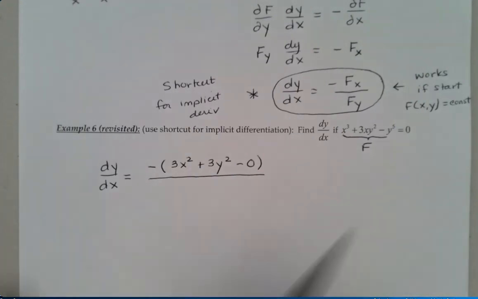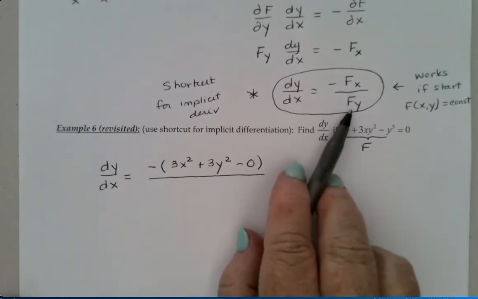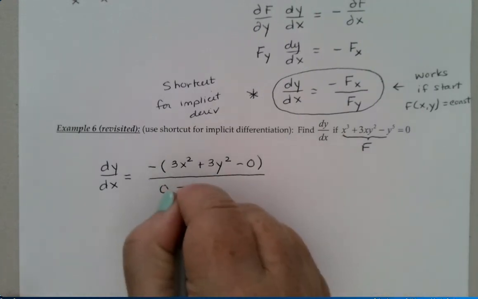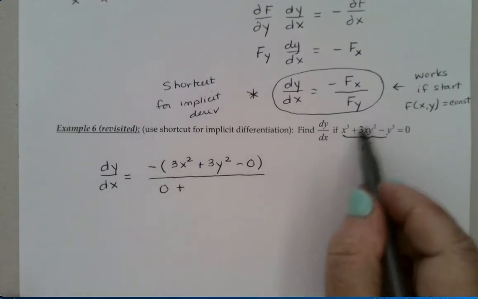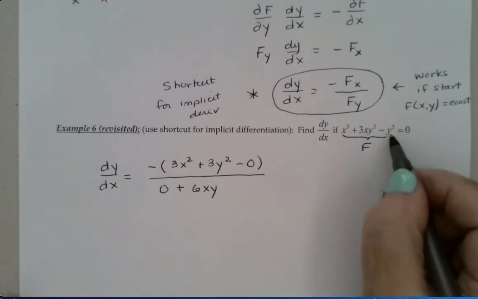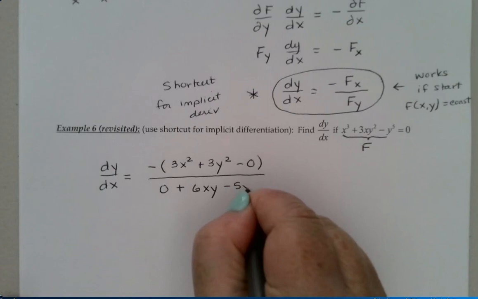And in the denominator, I have the derivative of f with respect to y, which would be 0 plus 6xy to the first minus 5y to the fourth.